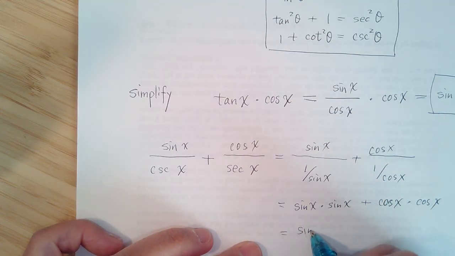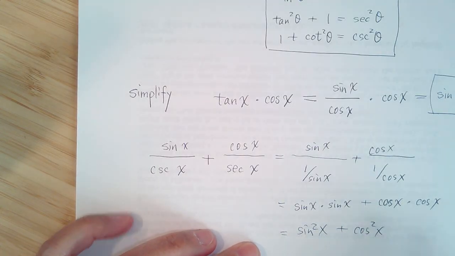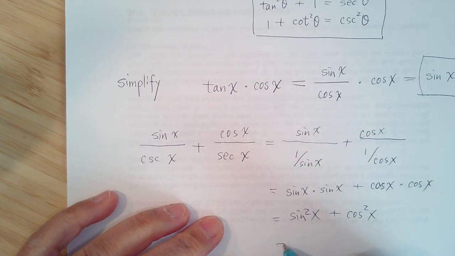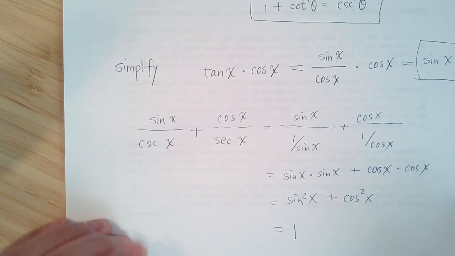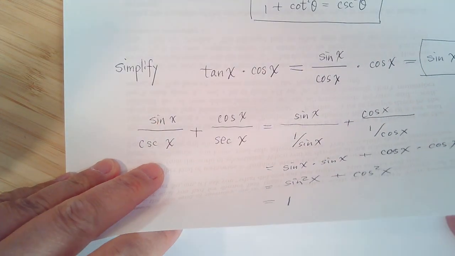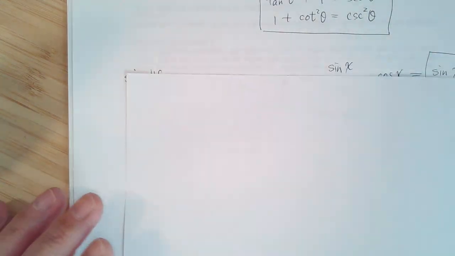So that is sine squared x plus cosine squared x. You should be very familiar with this already: sine squared plus cosine squared is 1. So you've already simplified that, which is 1. See, you can use this to simplify. Let me give you one more example.